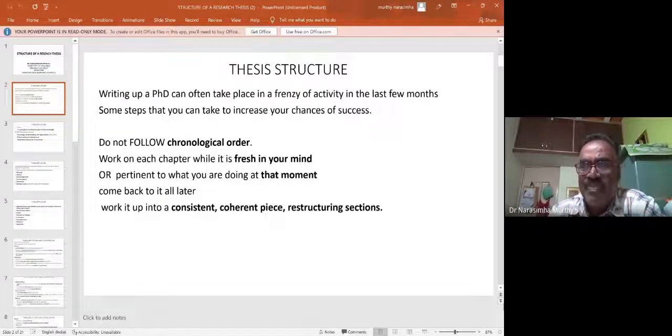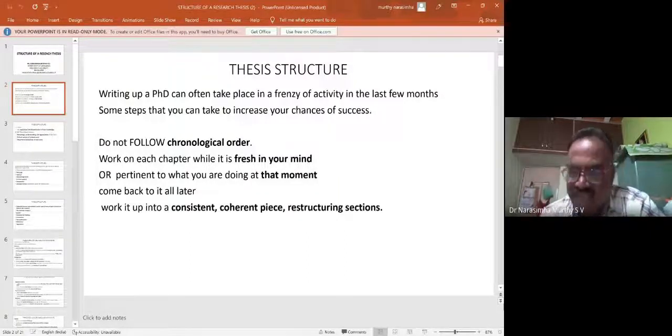And remember, it is better to work on each chapter individually, separately. Concentrate on what is pertinent at that moment. Leave it for some time, come back after some time. And definitely you can work it into a consistent, coherent piece and restructure the section.